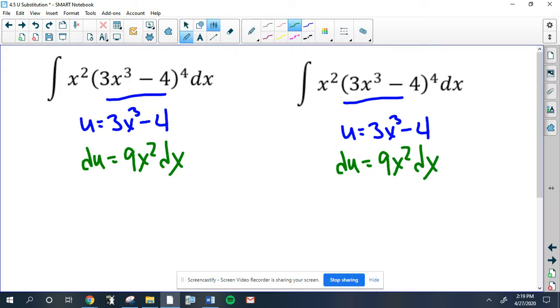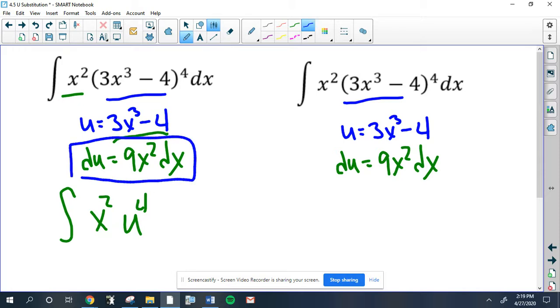You substitute your u, 3x cubed minus 4 is u. See this x squared, you can leave it there. And then dx, according to this, if you divide by 9x squared, is du over 9x squared.